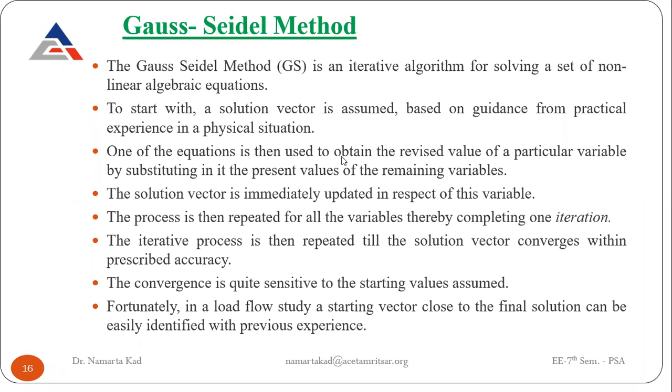But if our starting assumption is quite near the solution, then convergence is achieved in fewer iterations. Fortunately, in a load flow study, a starting vector close to the final solution can be easily identified with previous experience. So this is the simple procedure for solving by the Gauss-Seidel method.